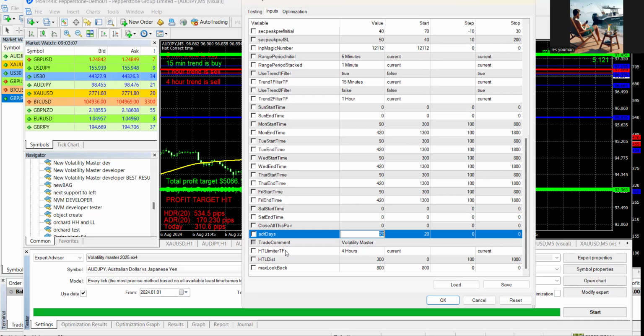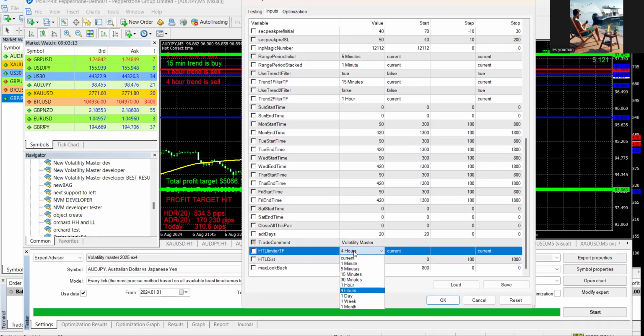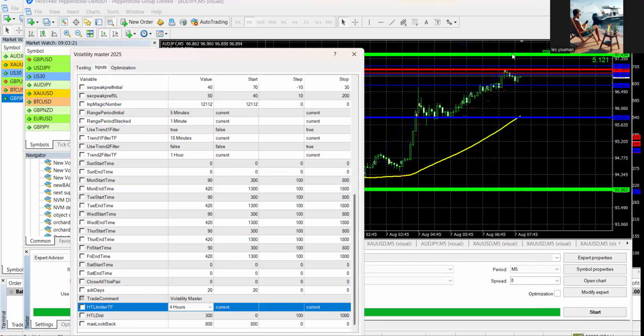Anyway, what that does is, and it's another one you can set to whatever time frame you like. So these green lines here most likely won't be on your screen.